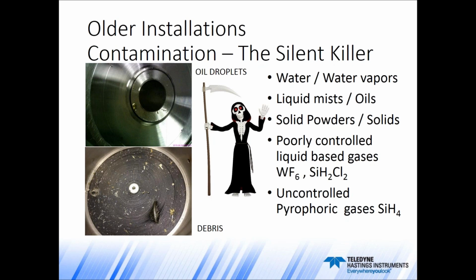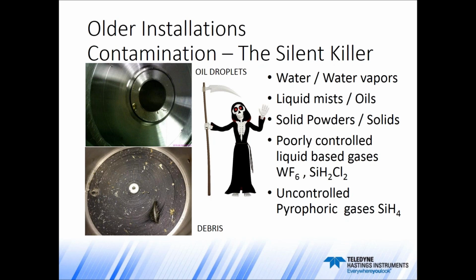On the upper picture, you actually see a lighter contamination. Nonetheless, an oily film like the one pictured there is as bad for the flow controller performance as the solid contamination. And we'll talk a little bit later about why that is happening.